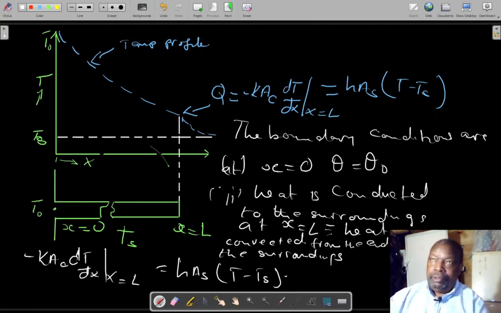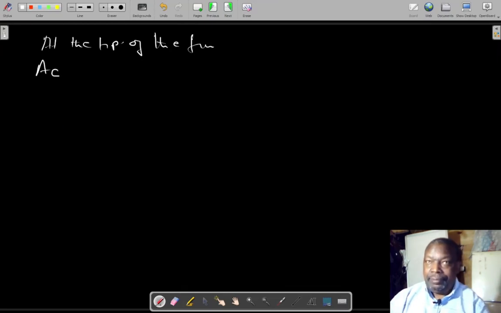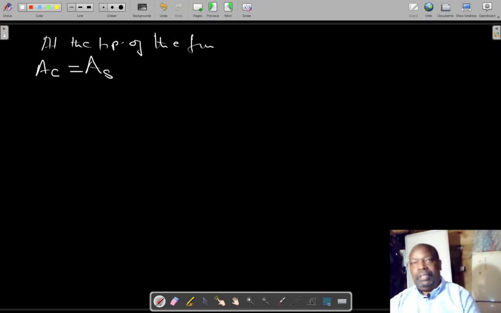But one thing we should note is that at the tip of the fin, the cross-sectional area is equal to the surface area that is convecting heat to the atmosphere.